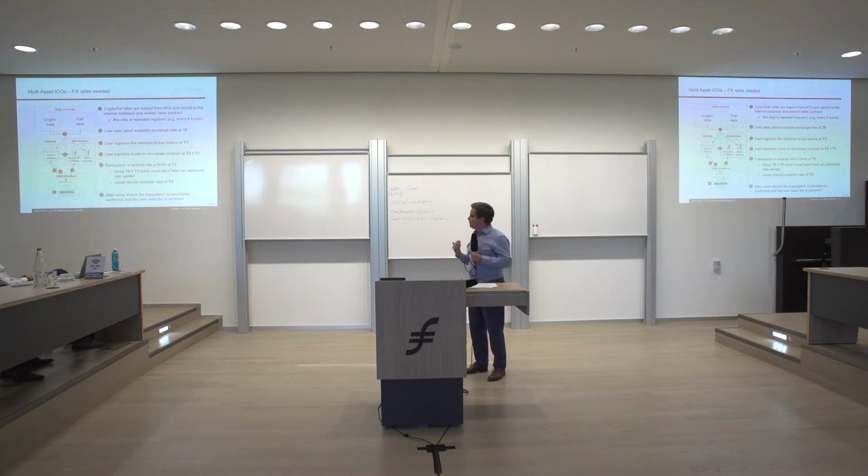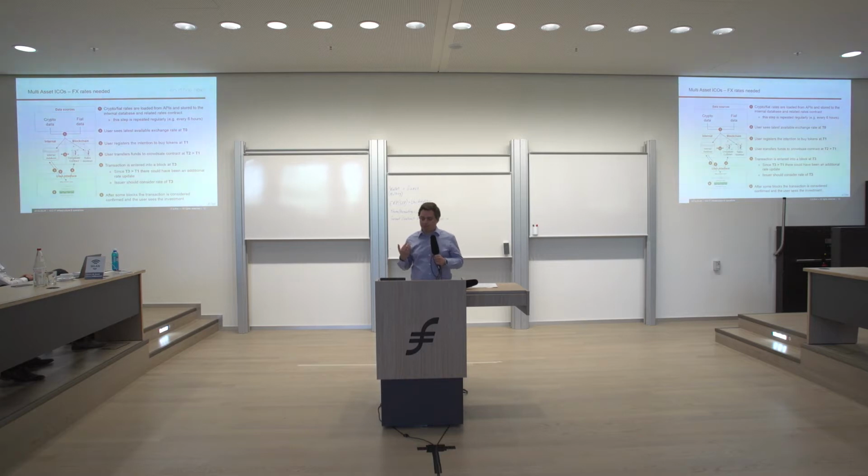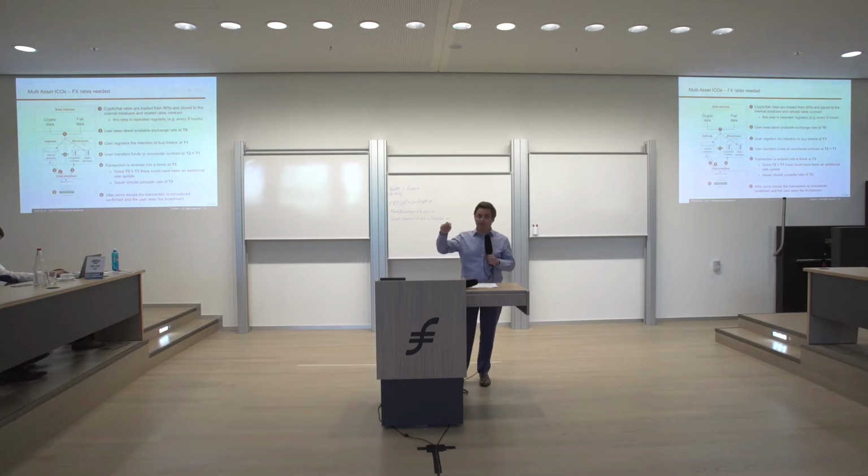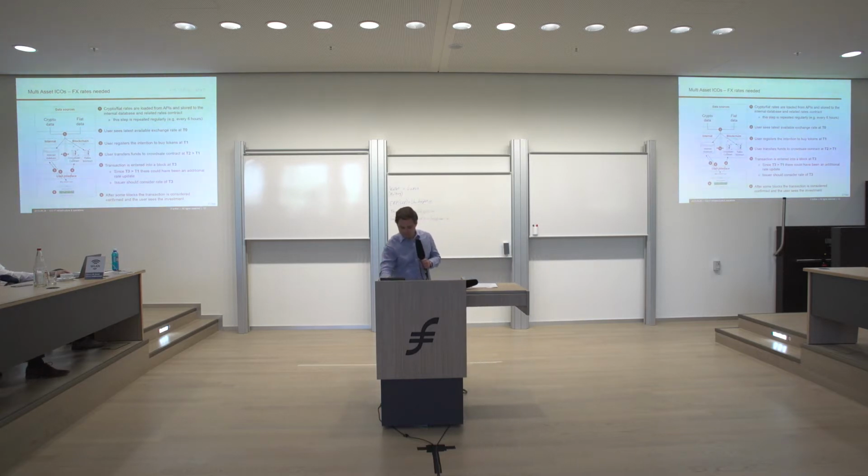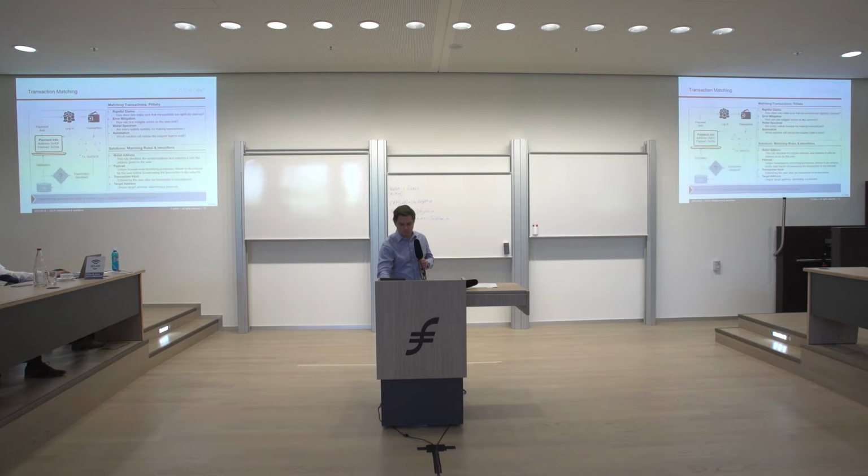If that's the case and you do a multi-asset ICO, you will need to explain and show on the website that the rate is shown as an estimation, and dependent on the time the transaction happens, it might change.